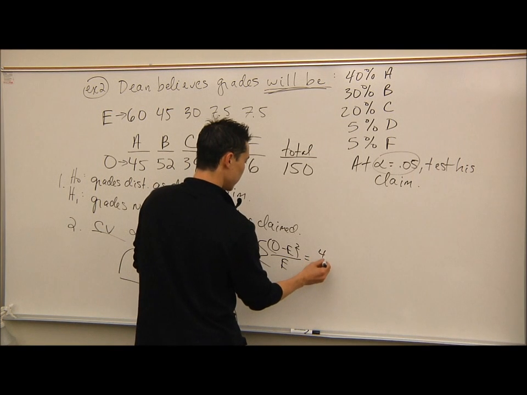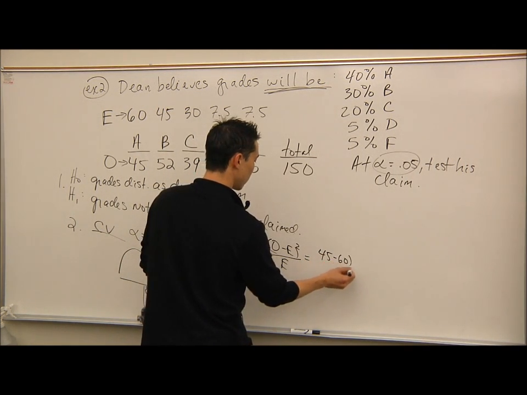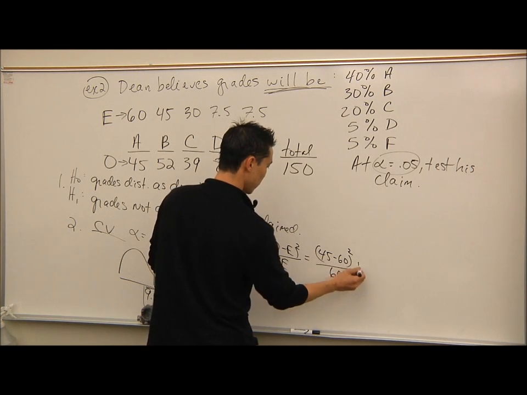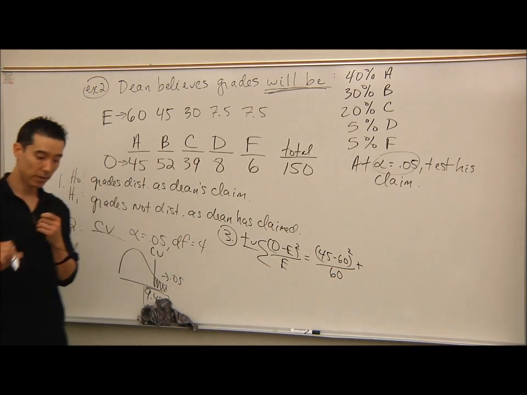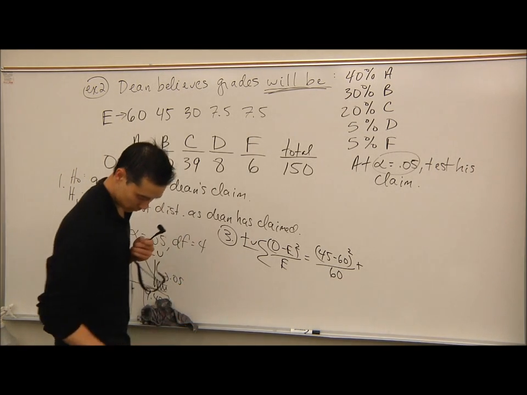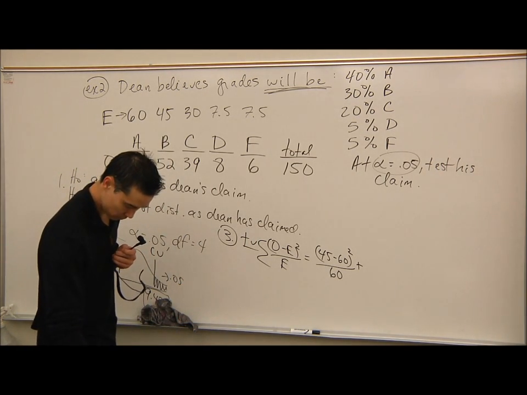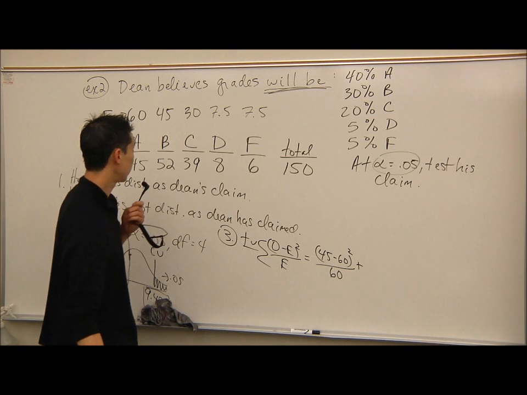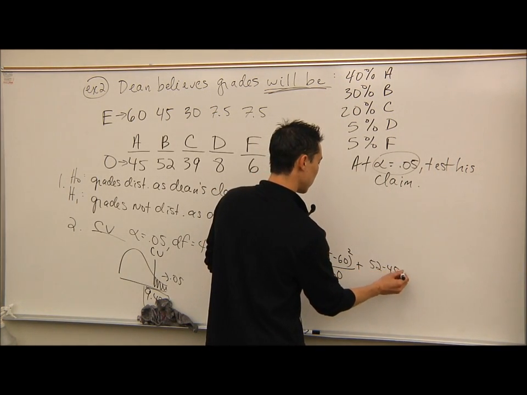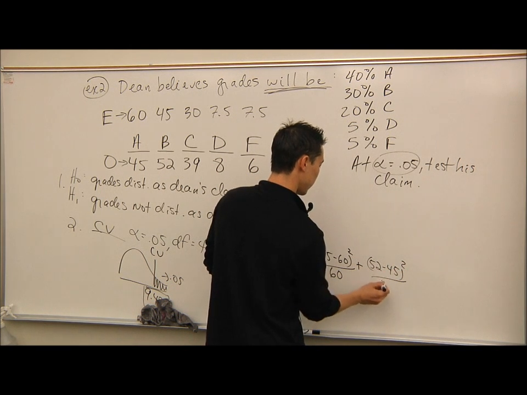45 minus 60 squared over 60 plus... Got to go to each grade. (52 minus 45) squared over 45.